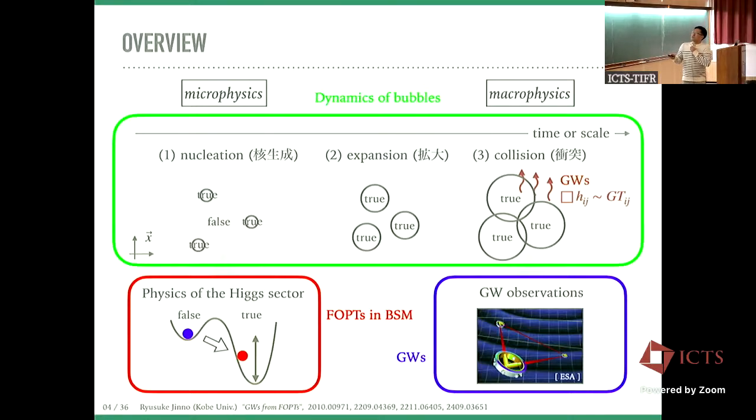These tiny true vacuum bubbles start to expand because the true vacuum is energetically favored. Eventually, these bubbles collide with each other. During this process, gravitational waves are produced through this equation, as we learned from the previous lecture. In the coming 10 or 20 years, we have a chance to detect gravitational waves from this process with space interferometers, like LISA, DECIGO, and so on.